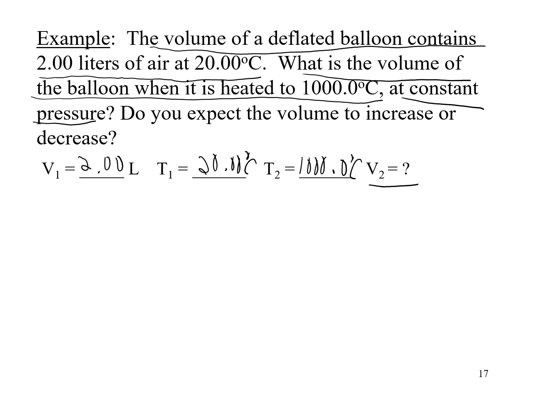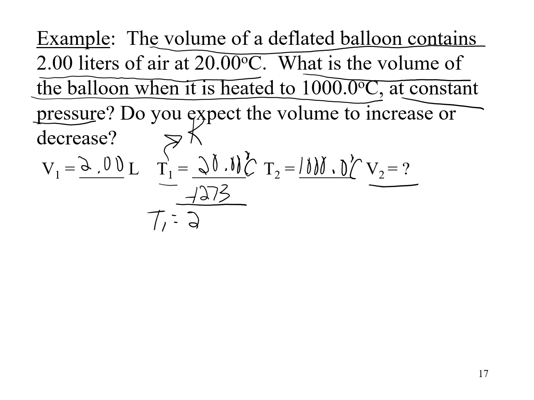One of the things to remember with the gas laws is the units need to be correct for the different variables. For example, temperature, the units when you're using the gas laws always need to be in Kelvin. We are given degrees Celsius in this example, so we need to add 273 to find our temperature in the appropriate units.